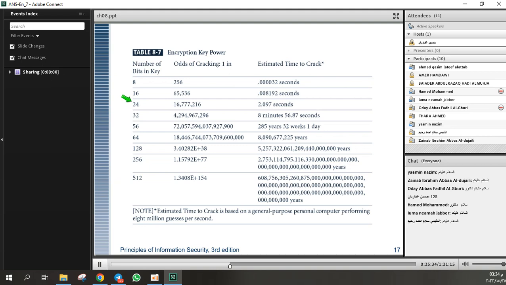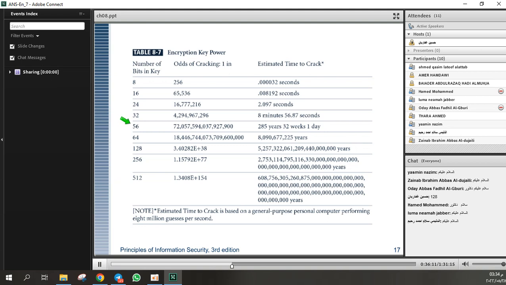If the length is 24 bits, 16 million different patterns. I need 2 seconds to break them and find the code. If the length is 32, 4 billion patterns, I need near 9 minutes to break the pattern if my key has 32-bit length.